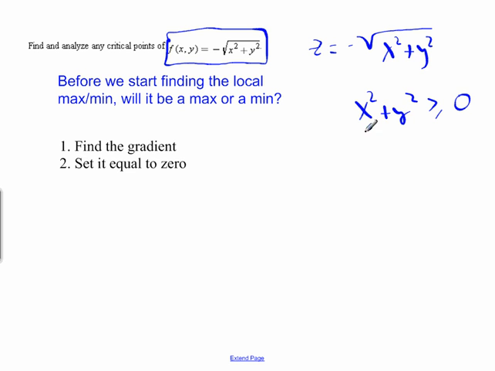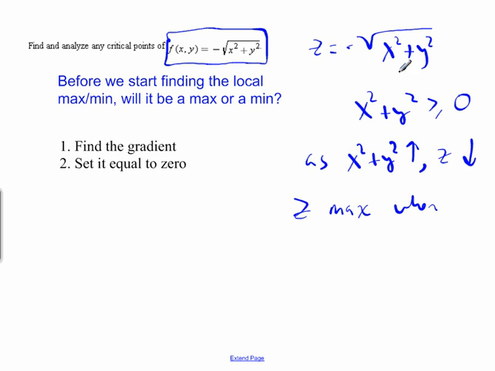And as x and y grow, as x squared plus y squared increases, my z value, because of this negative in front, will decrease. So we would expect that z will have a max when what is true?